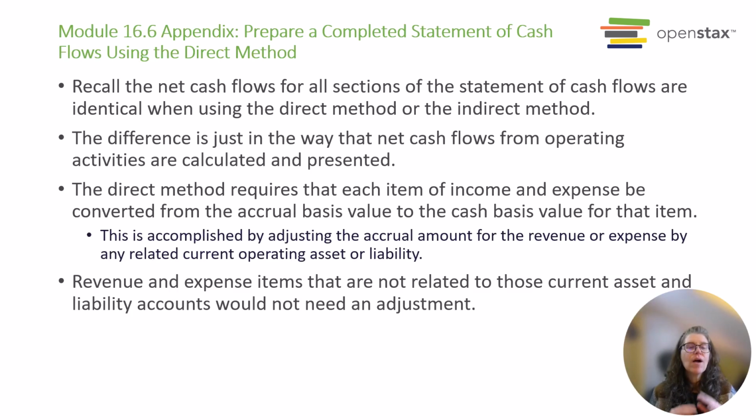So now I'm going to introduce you to the appendix of this chapter. This is the cash flows in the direct method. You would only use this if your company is a cash basis company. The only difference here that we're going to notice and attend to is the difference in how we calculate the operating activities section.